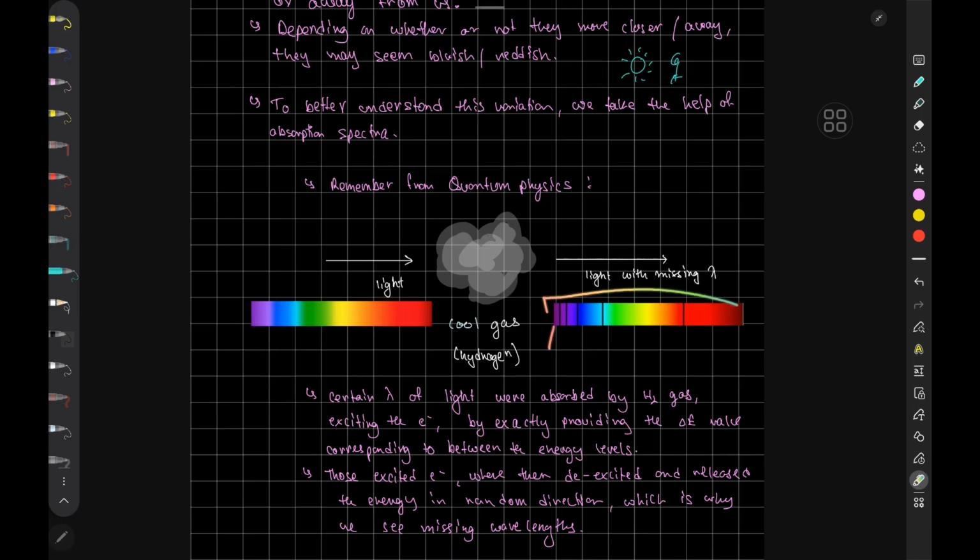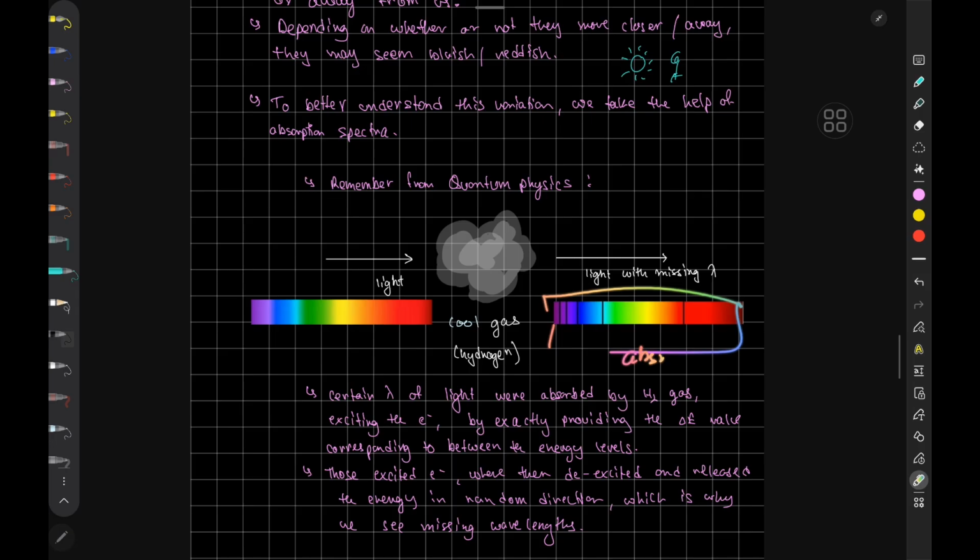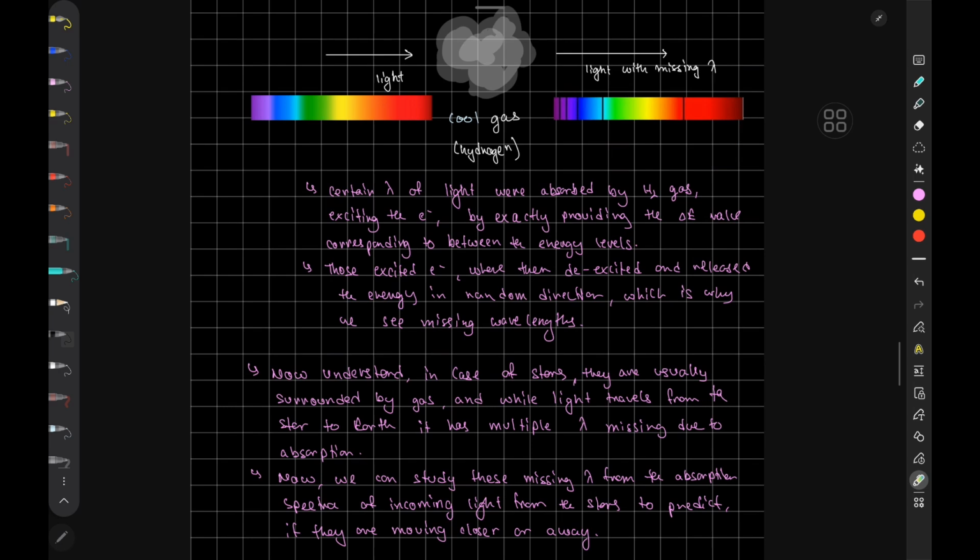And so what you have over here is an absorption spectra. Good. So certain wavelengths of light were absorbed by the H2 gas. By the way, this is hydrogen gas. The electron is excited by providing exactly the del E value corresponding to the energy level difference between two energy levels.